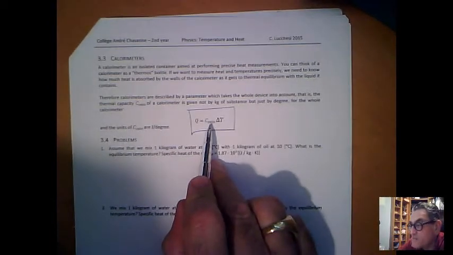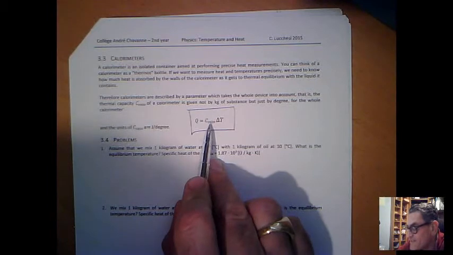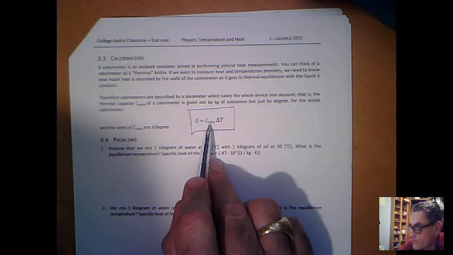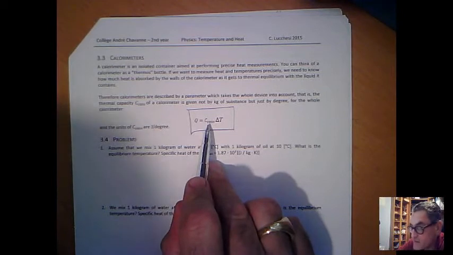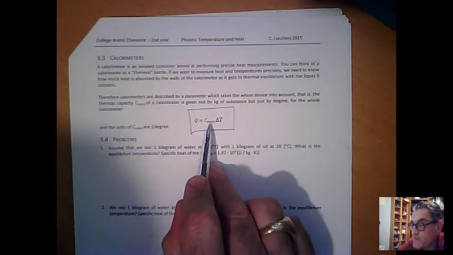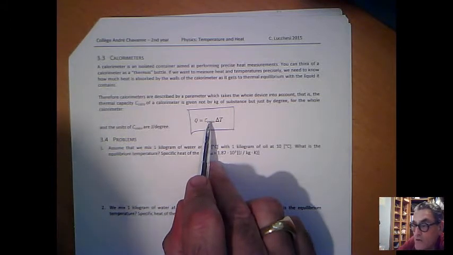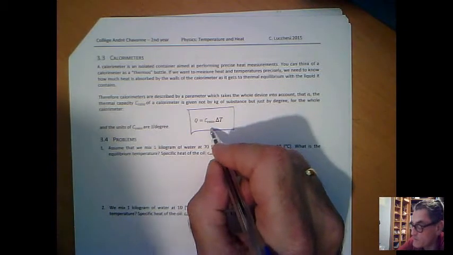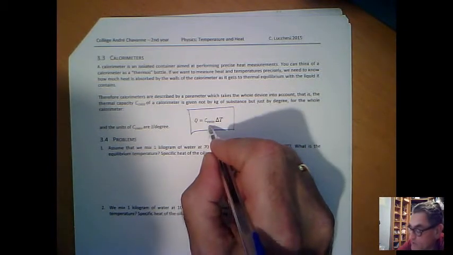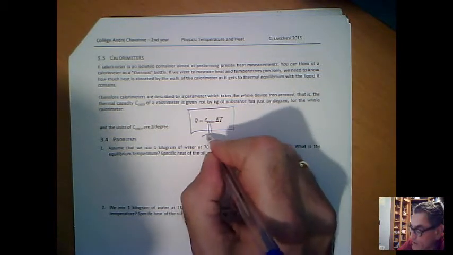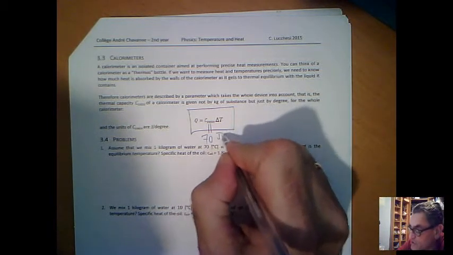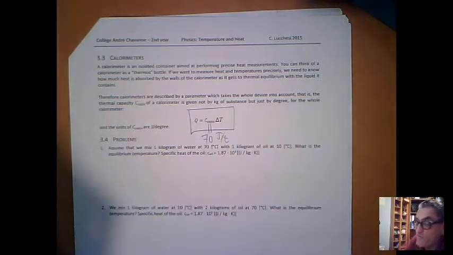There is a specific heat which is not like the one before, because this specific heat does not depend on the mass of the calorimeter. This is a specific heat which takes into account the whole calorimeter, and this whole calorimeter is going to need some energy, let's say 70 joules per degree, for instance.